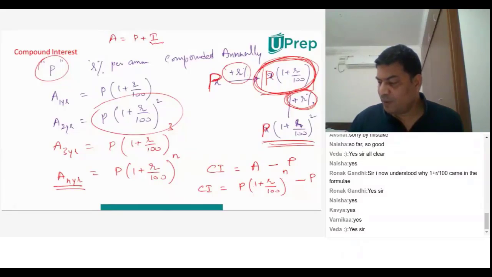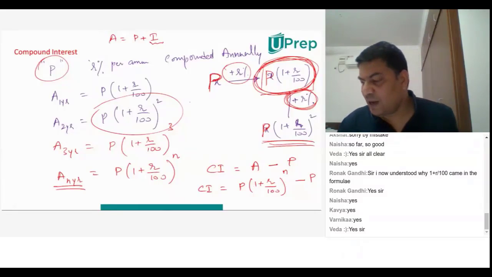Few people will ask you to remember this as a formula. In that case, compound interest is equal to P taken common from these two: P into 1 plus R by 100 whole power n minus 1, because you have taken P common.